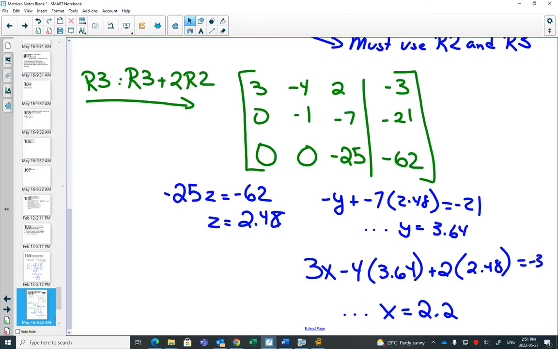So in Gaussian elimination, you always need zeros underneath the main diagonal. And you don't have to go further than that. Then you sort of go back to your algebra, do substitutions all the way back to find your answers.